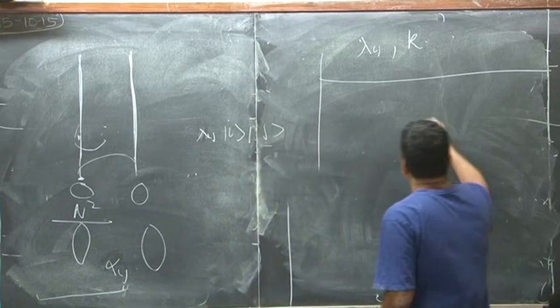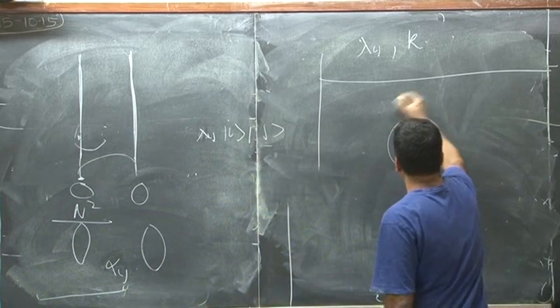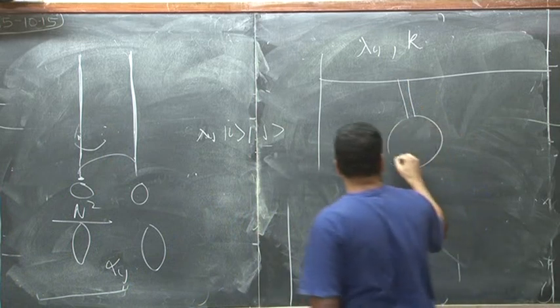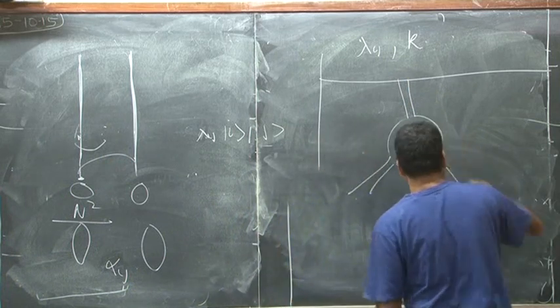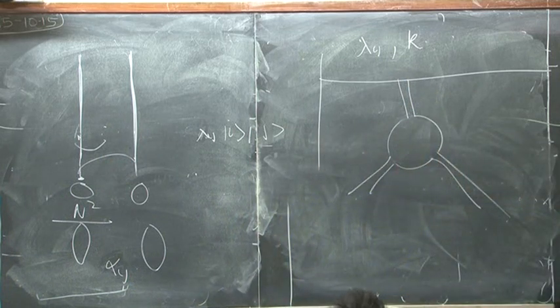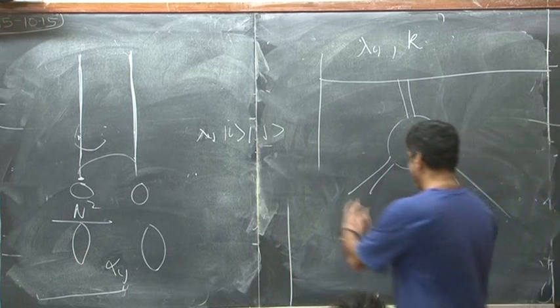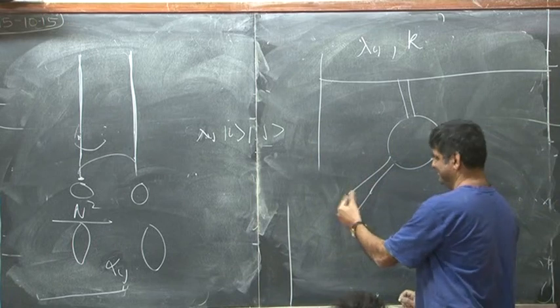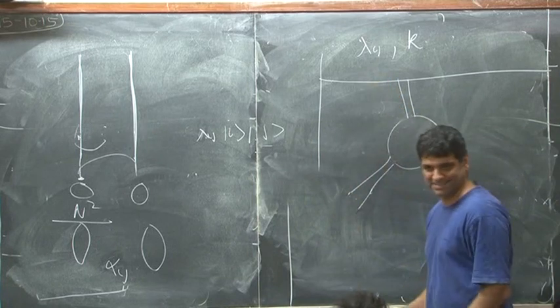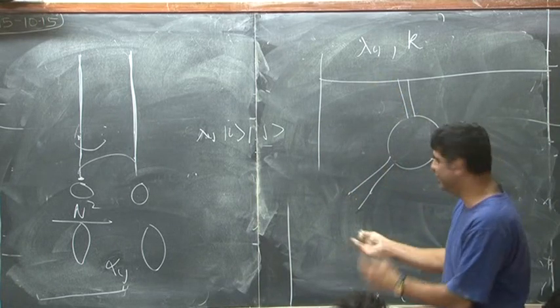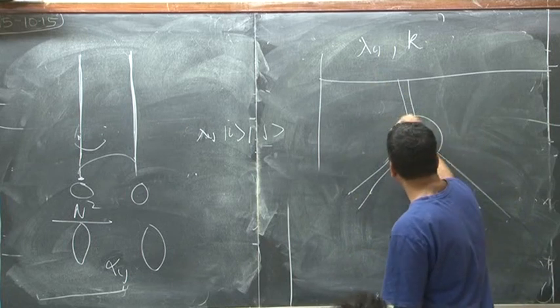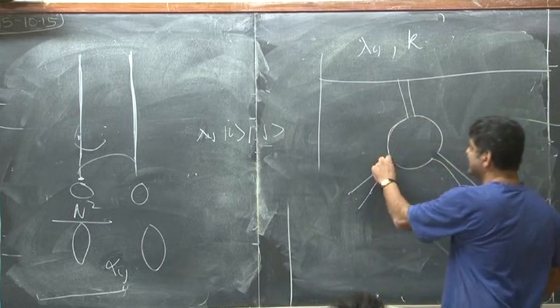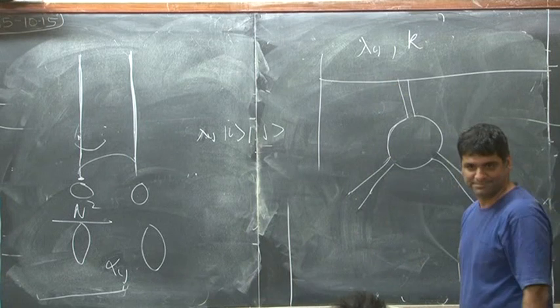Now let's first look at this. We've got this disk, and we've got these open strings coming into the disk. This one has some particular ij, that's specified by this lambda. This is the state lambda ij. But we said that along the boundary nothing happens. So wherever there was this i, there was also this i.